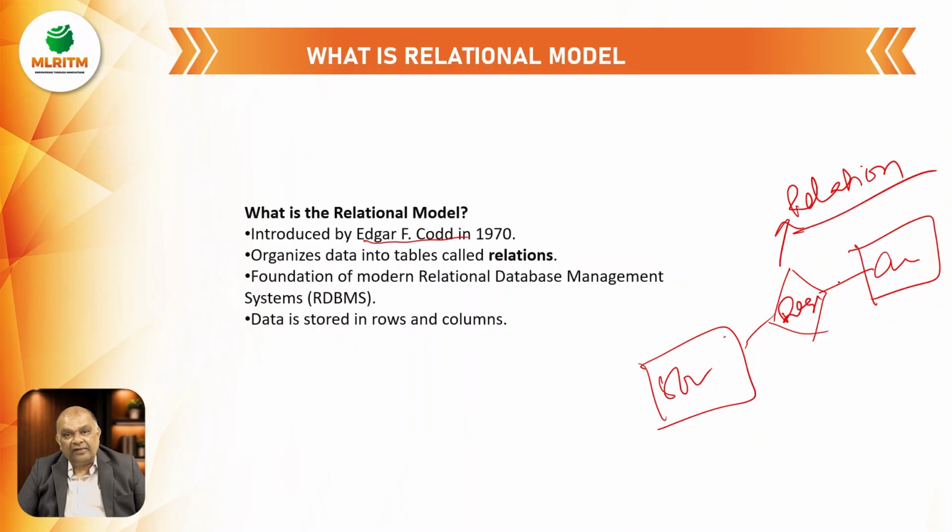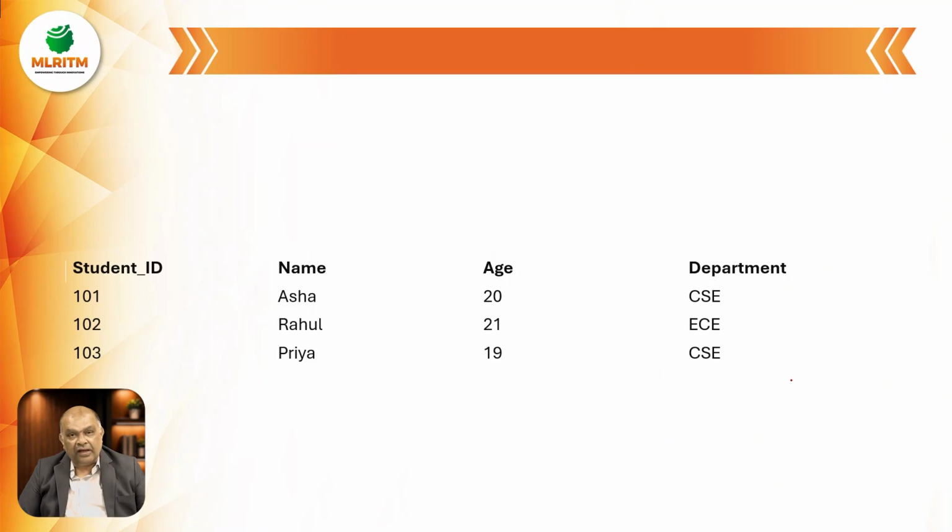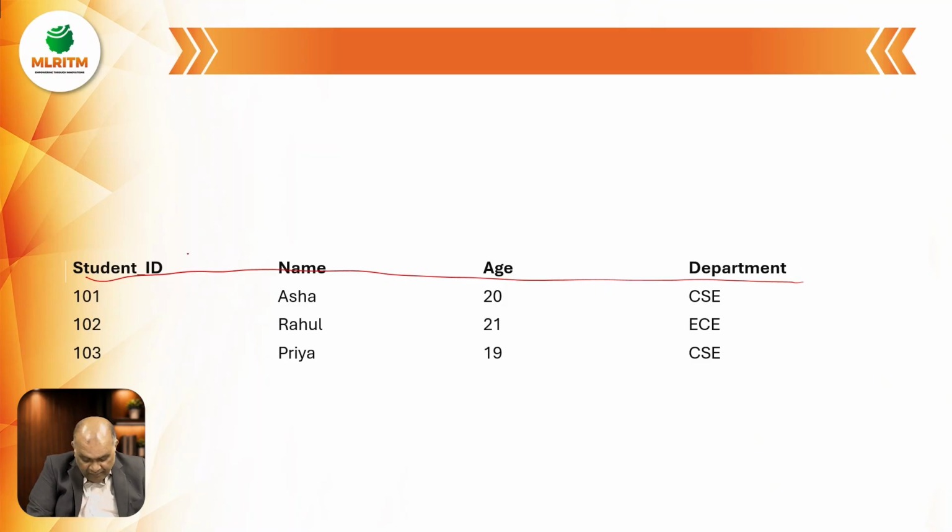Here the data is arranged in tables with rows and columns. This is an example: student ID, student name, age and department. 101, 102, 103 are the student IDs, and the names are Asha, Rahul and Priya, with ages 20, 21 and 18, and departments CSC, EC, and again CSC. You can see the data is arranged in the form of rows, and we define the data items.